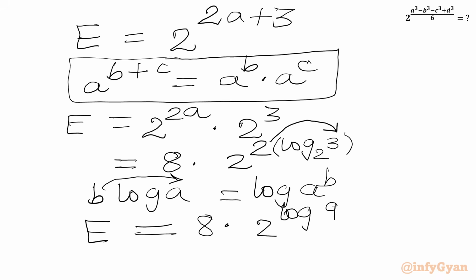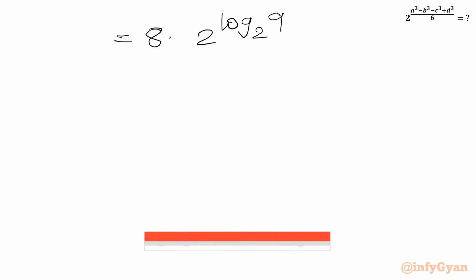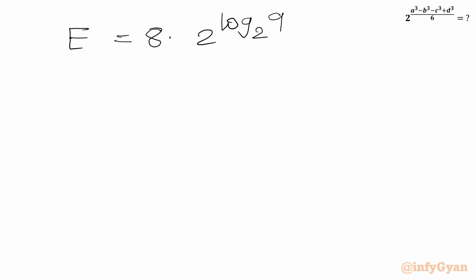So I can write log 9 base 2. Let me write here 2 raised to the power log 9 base 2, equal to 8 times, and this is our required expression E.